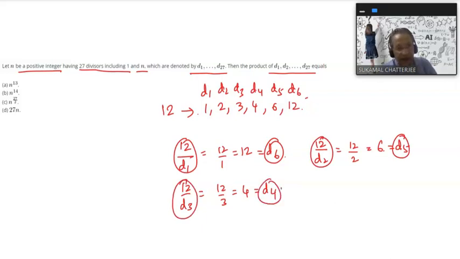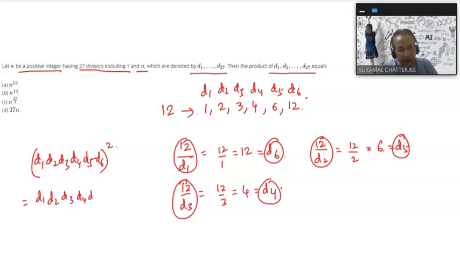That means if I take the multiples of d1, d2, d3, d4, d5, d6 and I take the square of this, then I can write this as d1, d2, d3, d4, d5, d6 multiplied by, now d1 is nothing but 12 by d6.